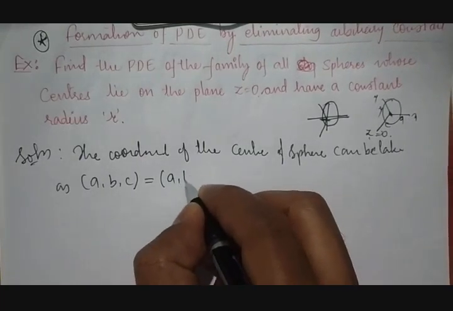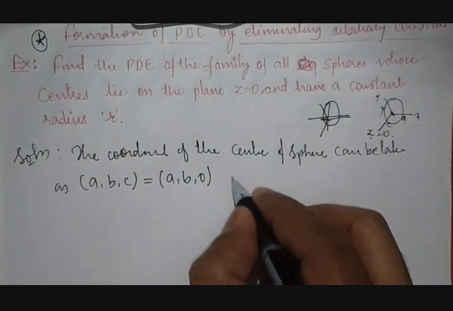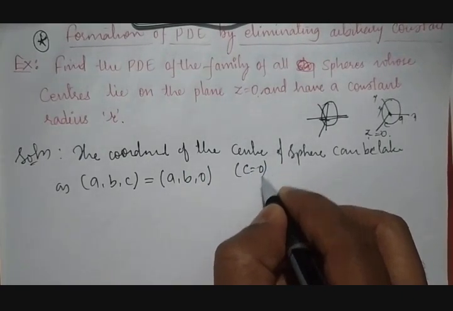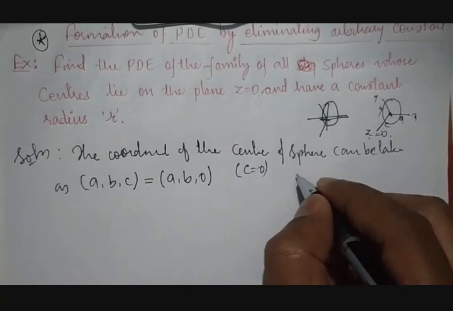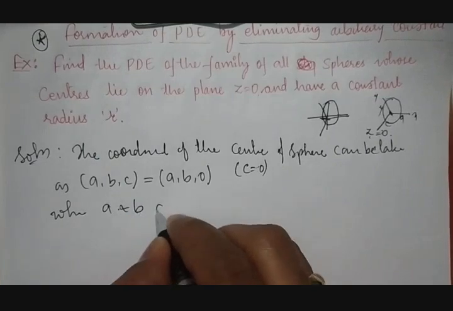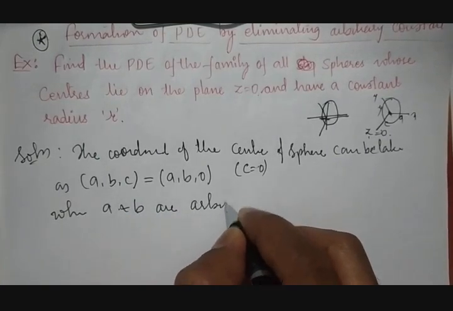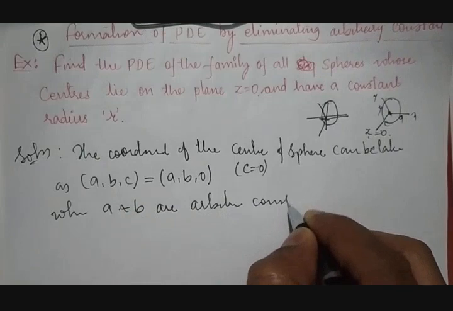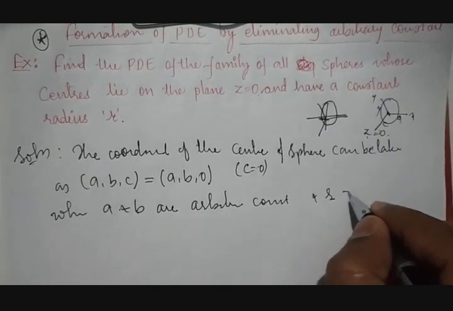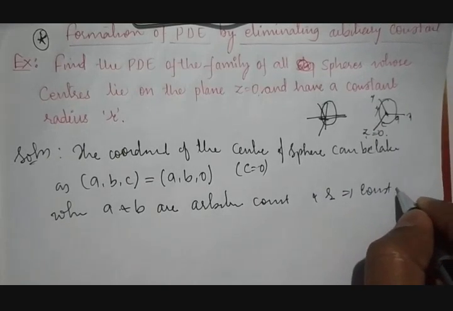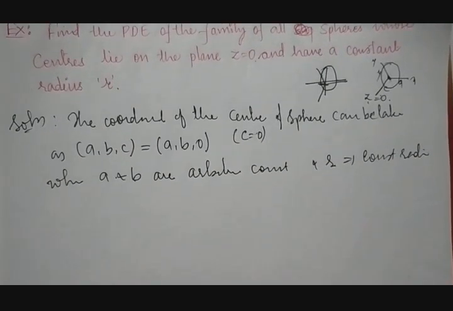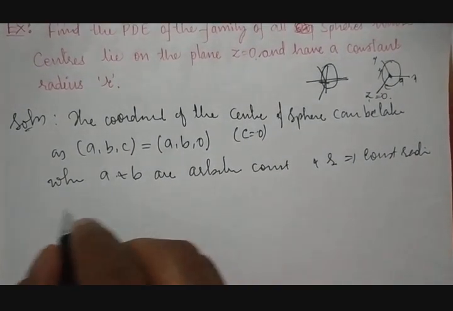Then it becomes a comma b comma 0. Therefore a and b are the arbitrary constants, where r will be a constant radius.